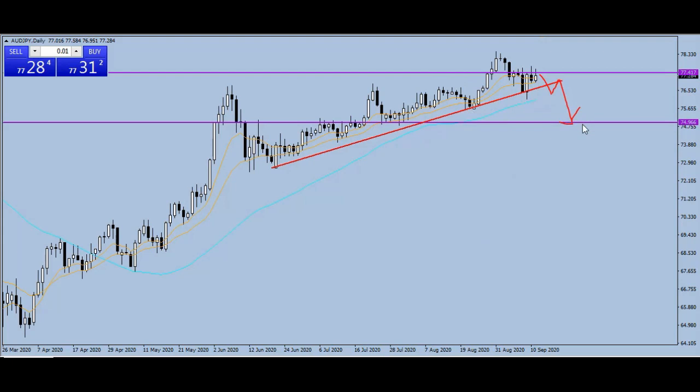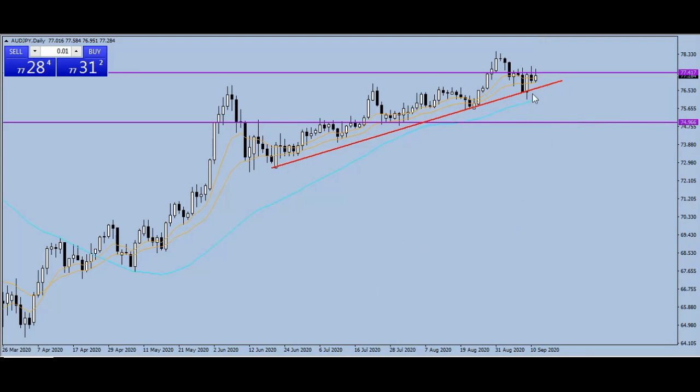And the first level to watch out for in the move to the downside is this resistance level, the 74.96 resistance level. Let's just sum it up to 75.00. So this is the level we'll be expecting price to get into this week, if and only if it breaks this ascending trend line. That's when we expect price to get to that level.